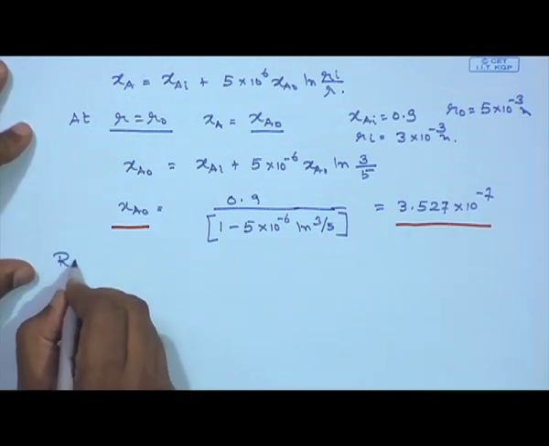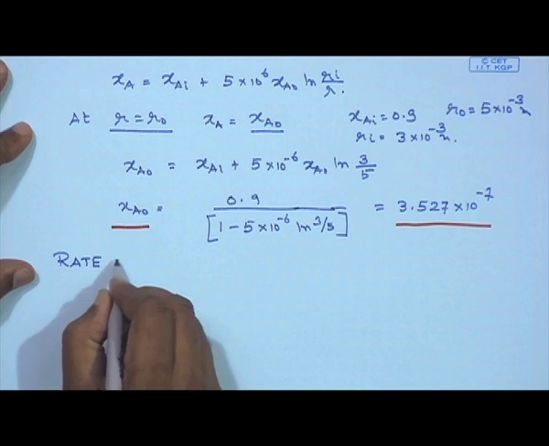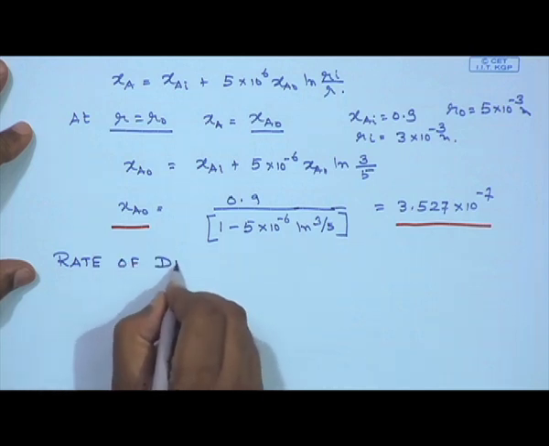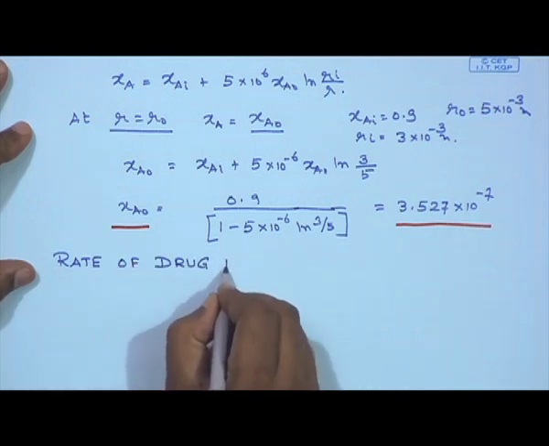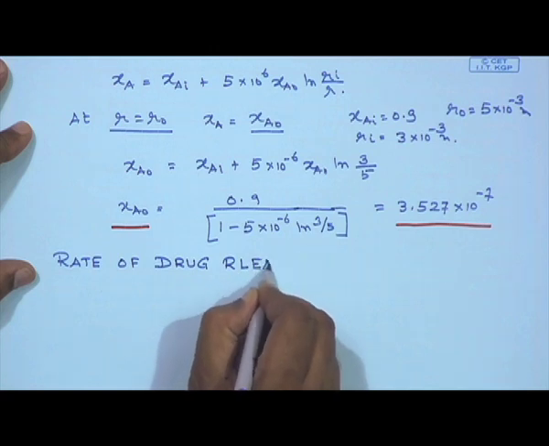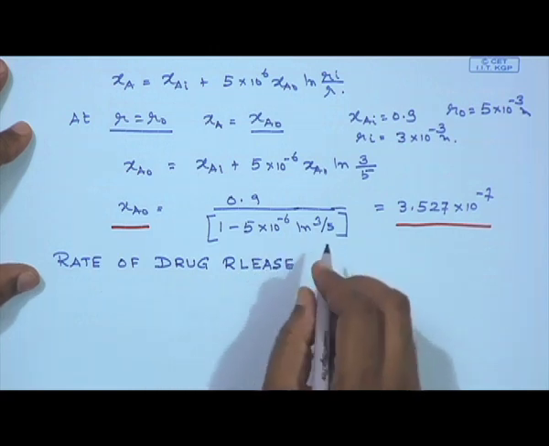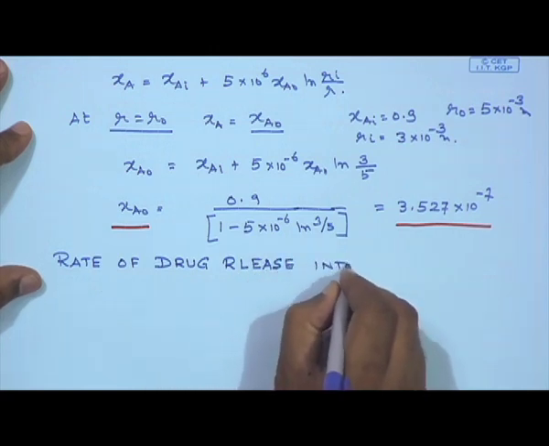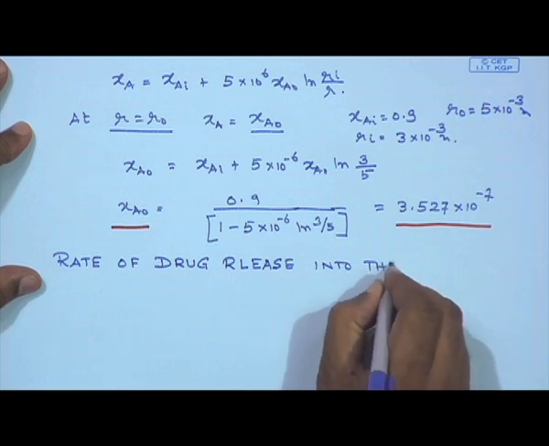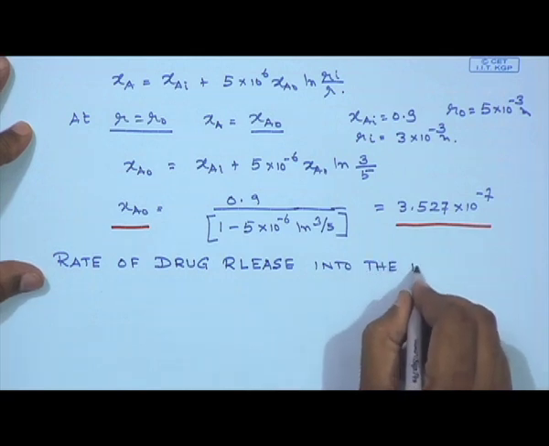The next thing that is remaining is the rate of drug release into the intestine, which has been asked, that as a drug designer you must find out.